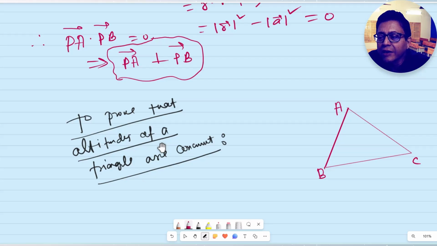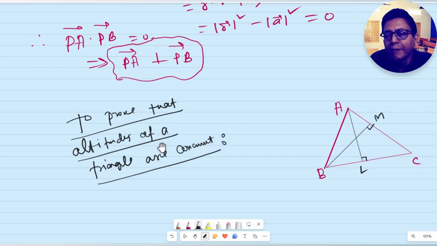ABC is the triangle. If we draw the 3 altitudes AL, BM, they are meeting at this point.